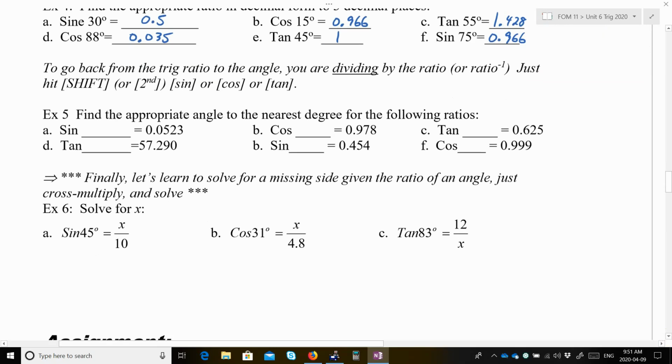To go back from the trig ratio to the angle, you hit shift or second function, then sine, cos or tan.